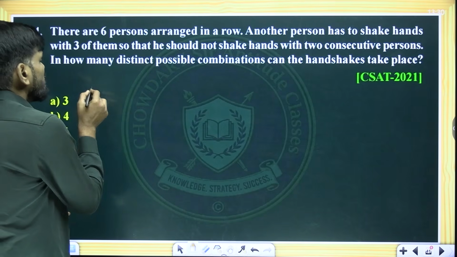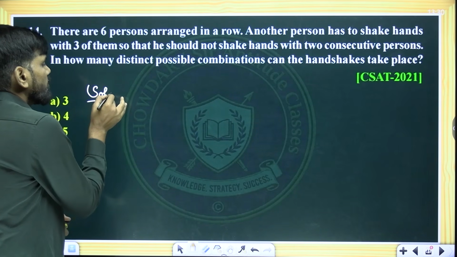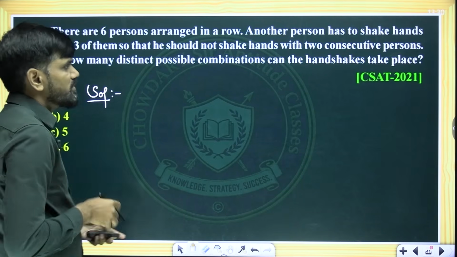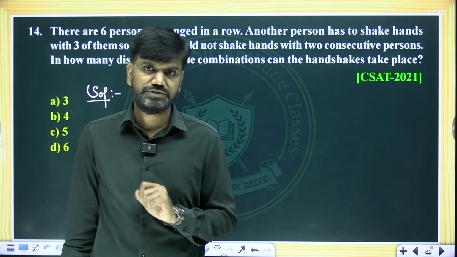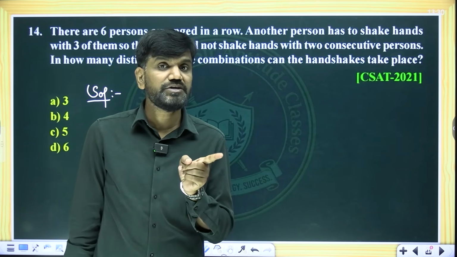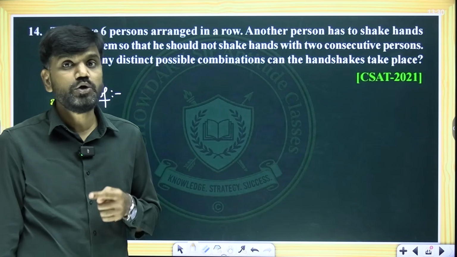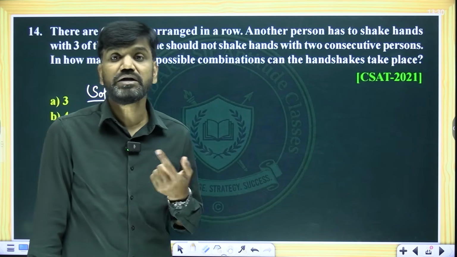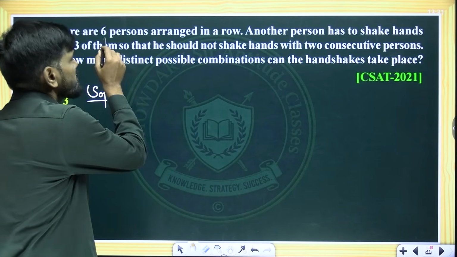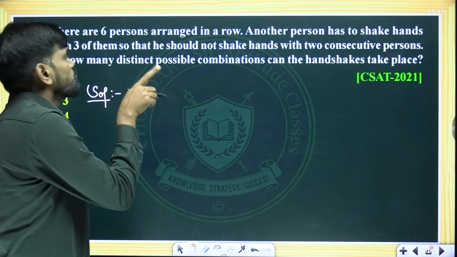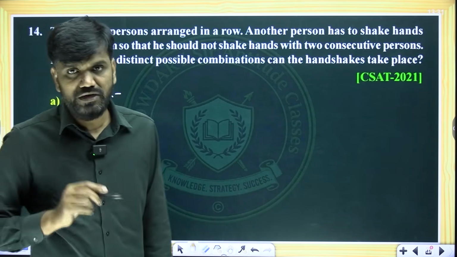Now let's go for the formula approach for this type of problem. Whenever you have n distinct objects, and out of those you want to select R objects such that no 2 are consecutive. So here, how many people are there? 6 people. Out of 6 people, you have to choose how many? 3 people, such that no 2 people are consecutive.